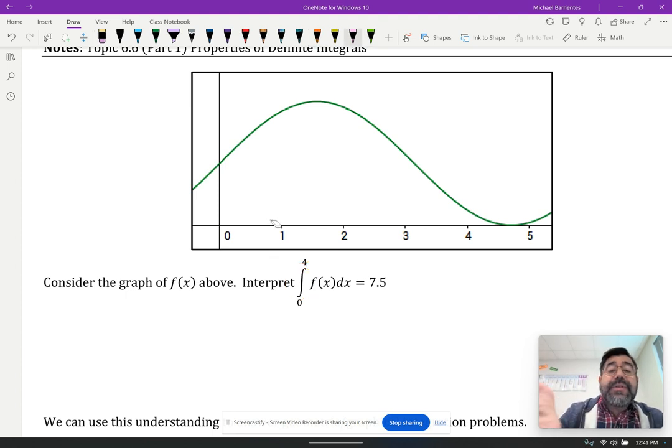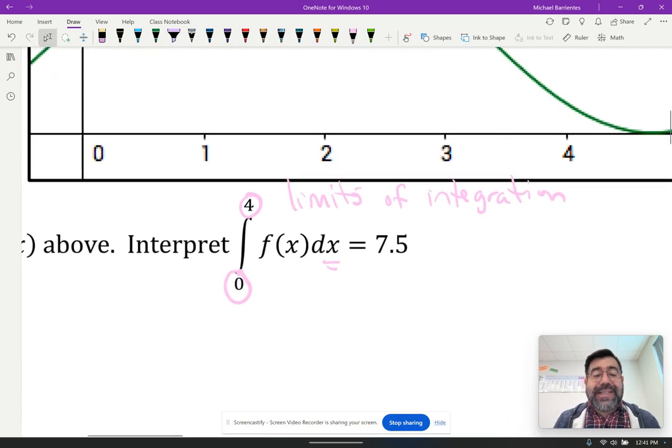These numbers here and here are called the limits of integration. The limits of integration tell me the interval or domain we're going to be looking at. What we're going to find later is that the limits of integration are related to whatever this variable is. I see this dx, that means these are x values.